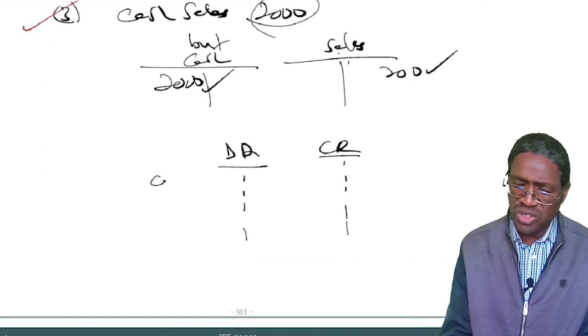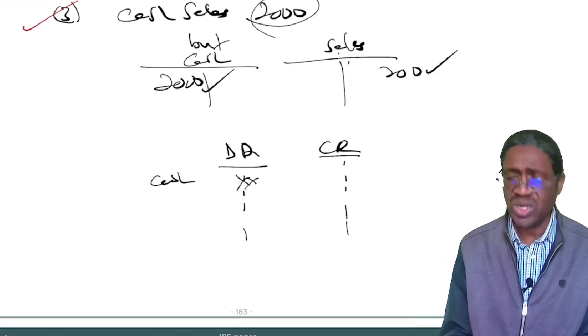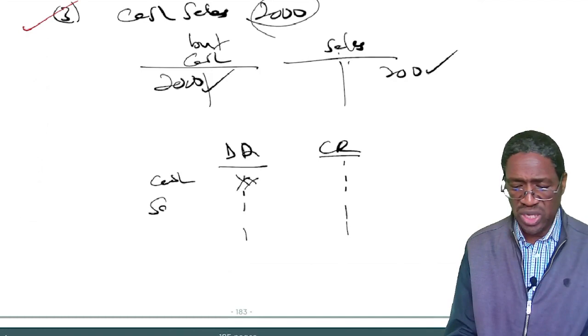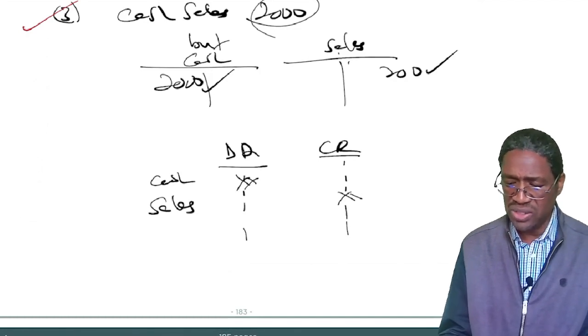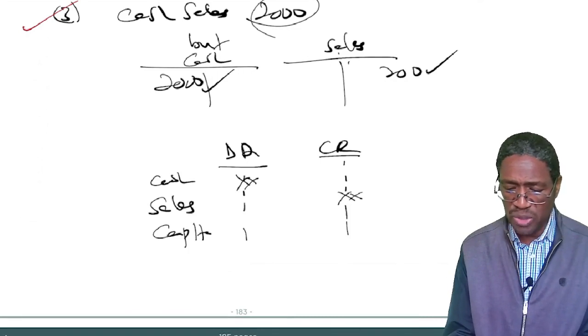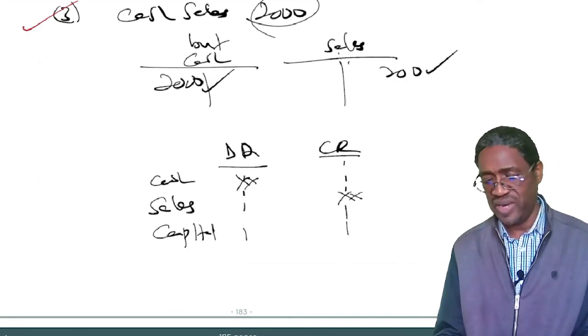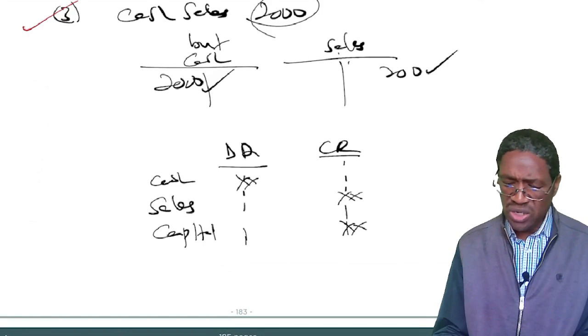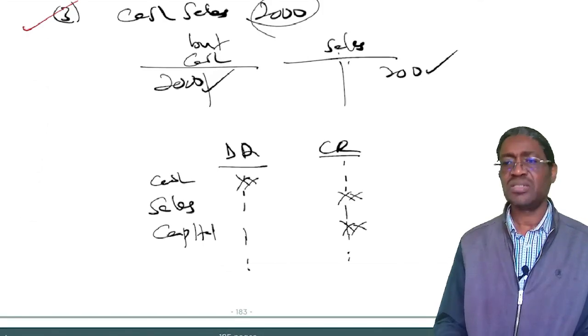You went to the cash account, you found the balance, whatever it was. You went to the sales account, you got the balance. It is normally a credit balance. You went to the capital account that you prepared, you normally got the balance. And you did all that for the other accounts.